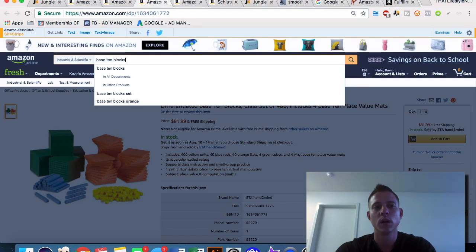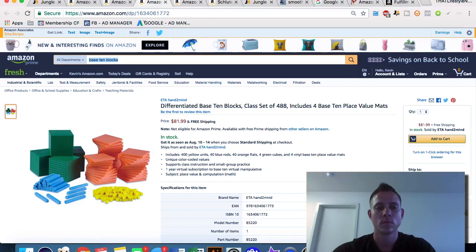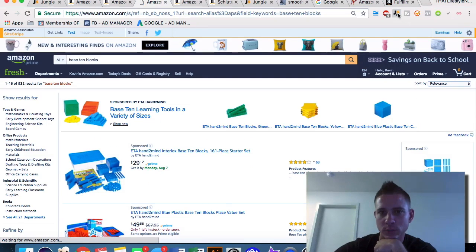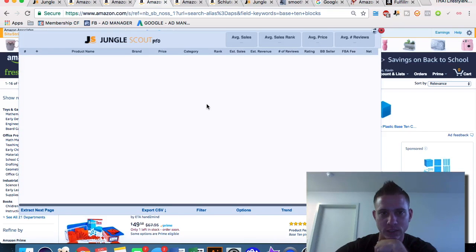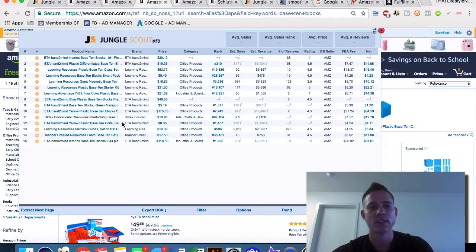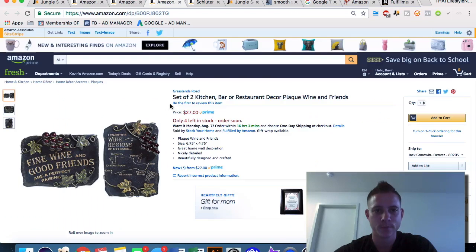Base 10 blocks. So I'm not sure what this is, but it looks like it is a patented type product. So we're going to stay away from it.